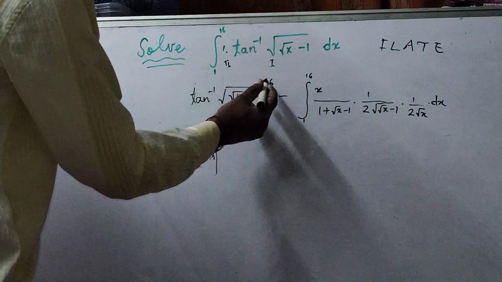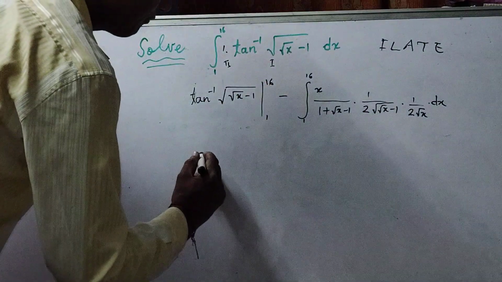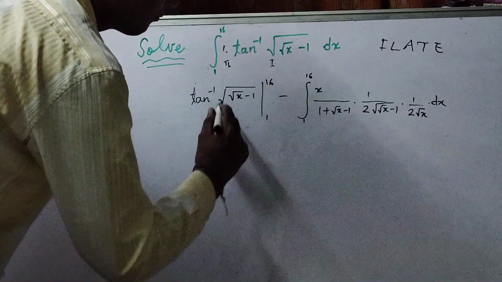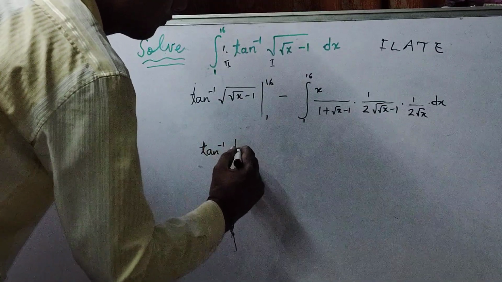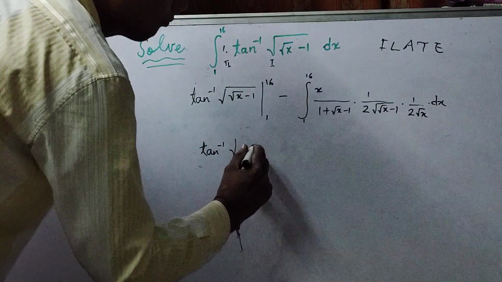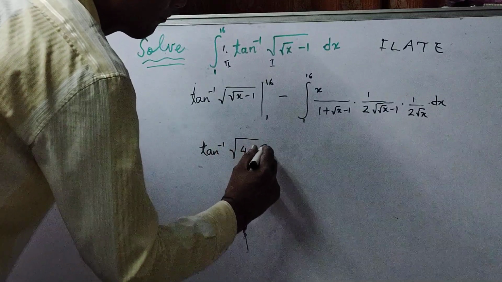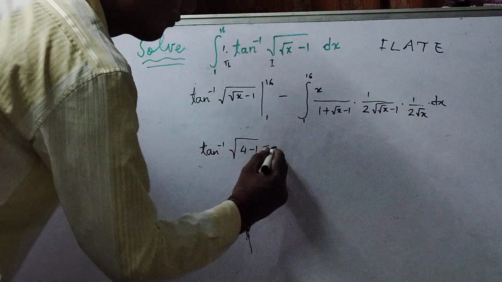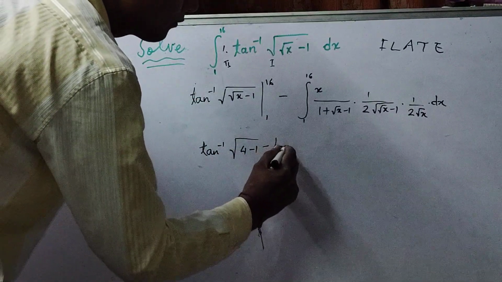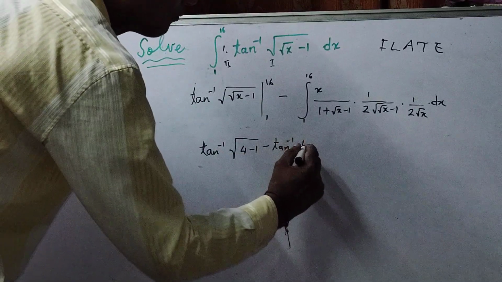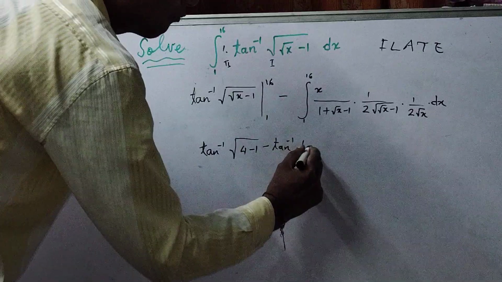So first we plug in the limit: tan inverse of square root of 16 is 4 minus 1, then minus, the second limit plugged in here: tan inverse of square root of 1, which is 1, so 1 minus 1.